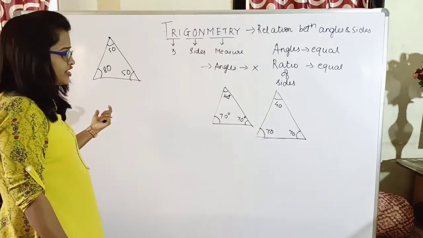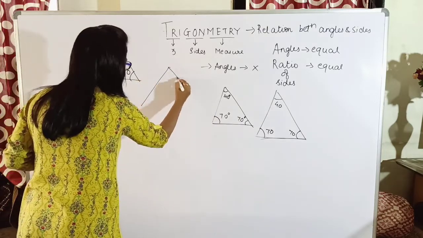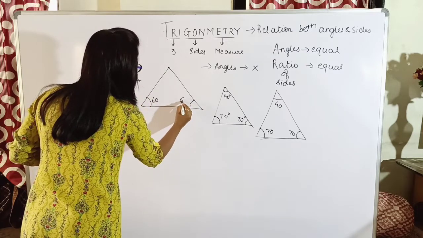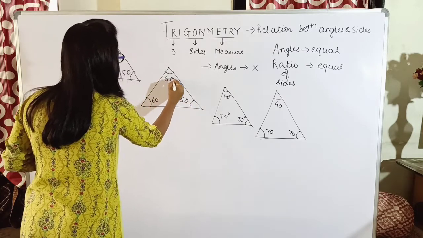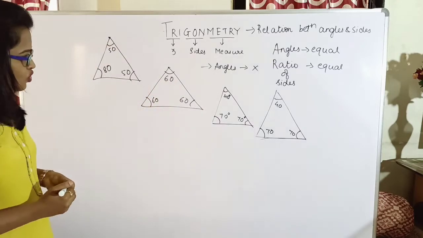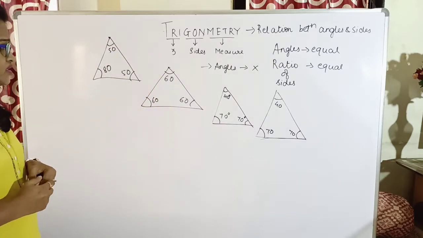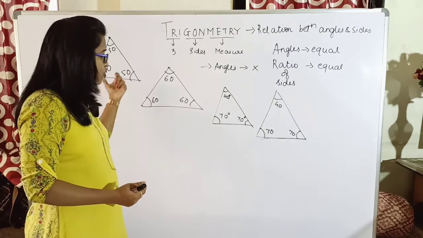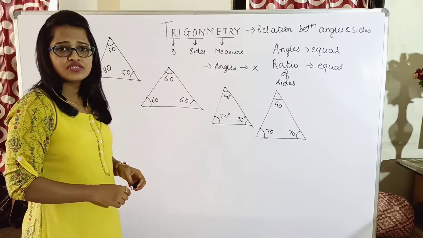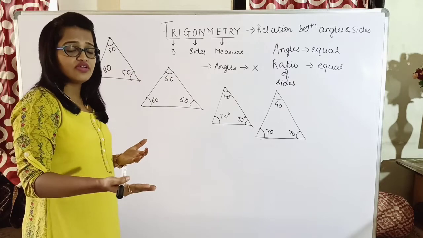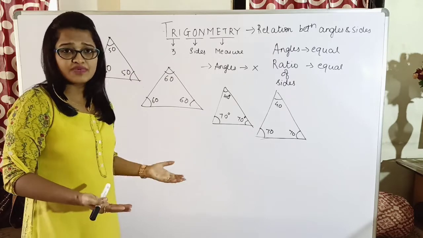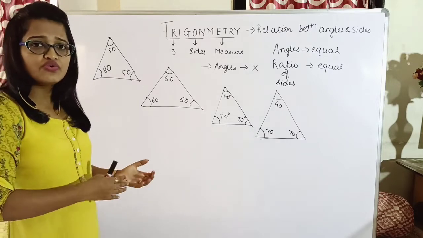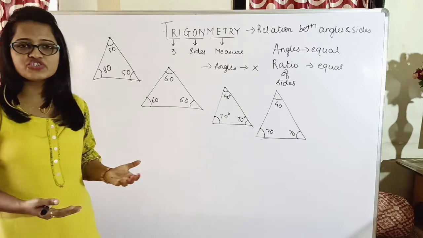Yes, fair enough. One more, 60, 60, 60. Okay, so do I have to remember the ratios of sides with respect to all such combinations of triangles? Further, is it feasible enough to remember that there will be n combinations of triangles? So are you going to remember it for all the n combinations of triangles?